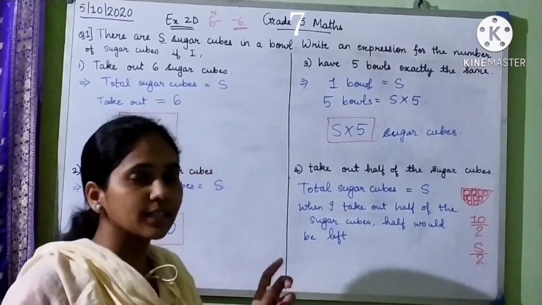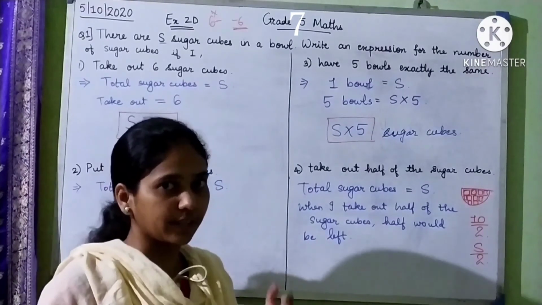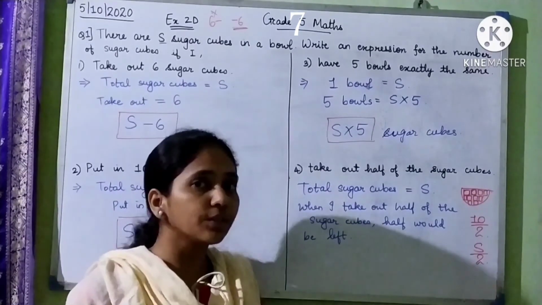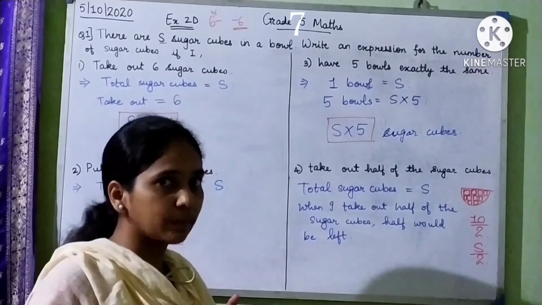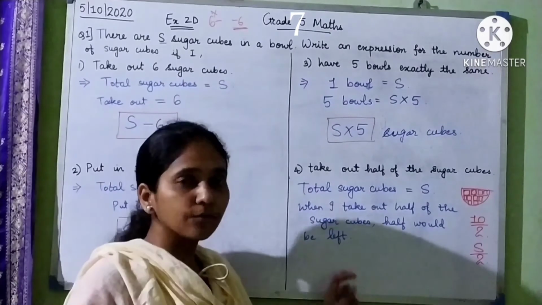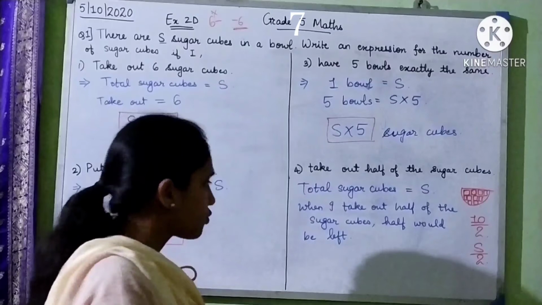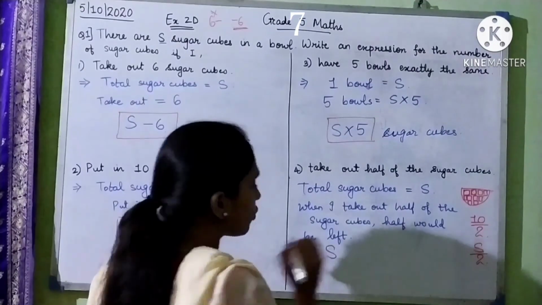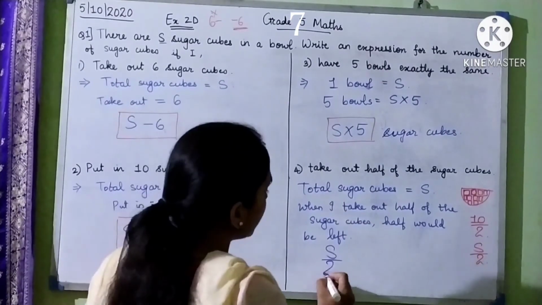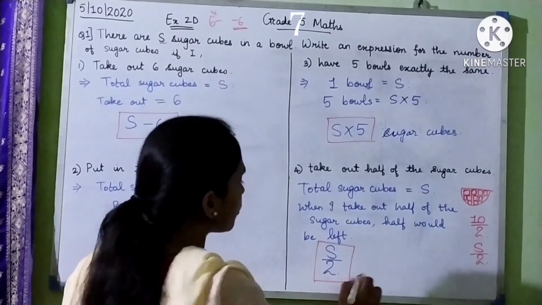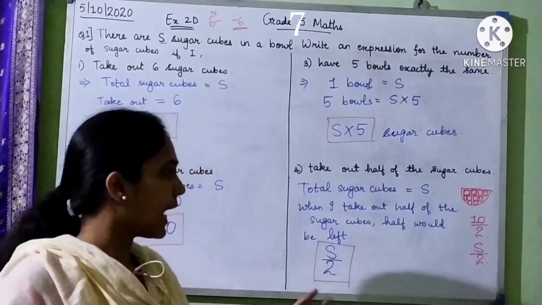So what is that number? That we have to find. How many sugar cubes would be left in that bowl? So half the sugar cubes will be left. Half of what? Half of the total number of sugar cubes. So we divide the total number of sugar cubes by 2. So this is the answer. These many sugar cubes will be left in that bowl.